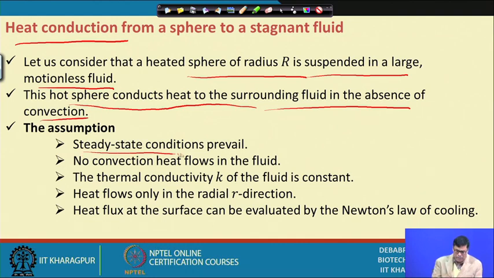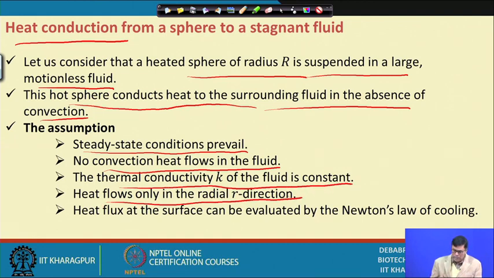The following assumptions are maintained: steady state condition prevails, no convection heat flow in the fluid, the thermal conductivity k of the fluid is constant, heat flows only in the radial r direction, and heat flux at the surface can be evaluated by Newton's law of cooling.